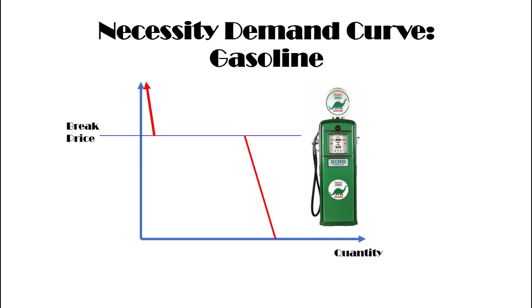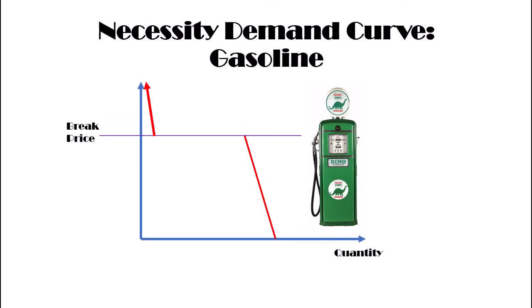Really, what happens is that people will keep buying the same amount of gasoline even as the price goes up because they need to get around, either to go to work or to go to the grocery store or to do whatever they need to do. However, there's a certain point which I call the break price. I'm not really sure that's what economists call it, but basically demand drops from the fairly stable level to nothing overnight.